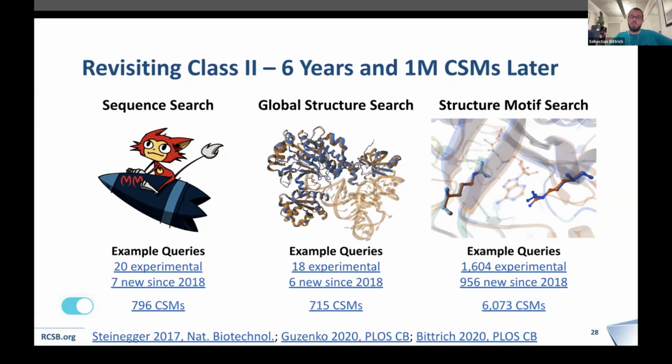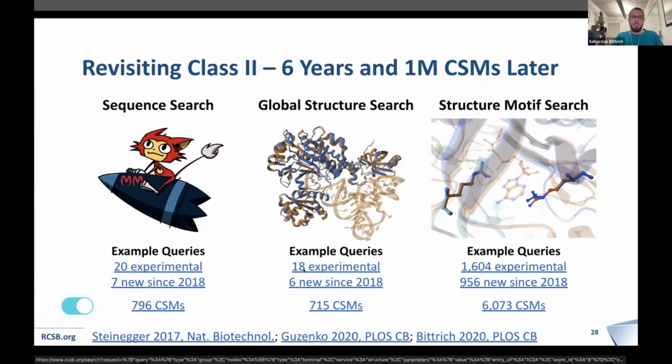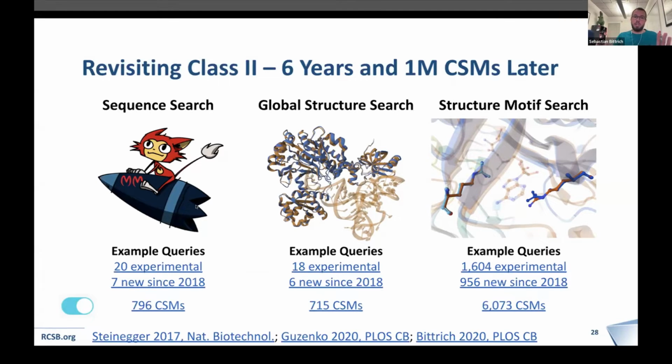And the same is true for global structure search, which only gives you 18 examples, just because sequentially they are too dissimilar, and also at a global structure level, these structures recruited additional domains so that maybe a global structure search can't pick up on the signal. But I want to show you that the structure motif search in this particular case is a really helpful tool.